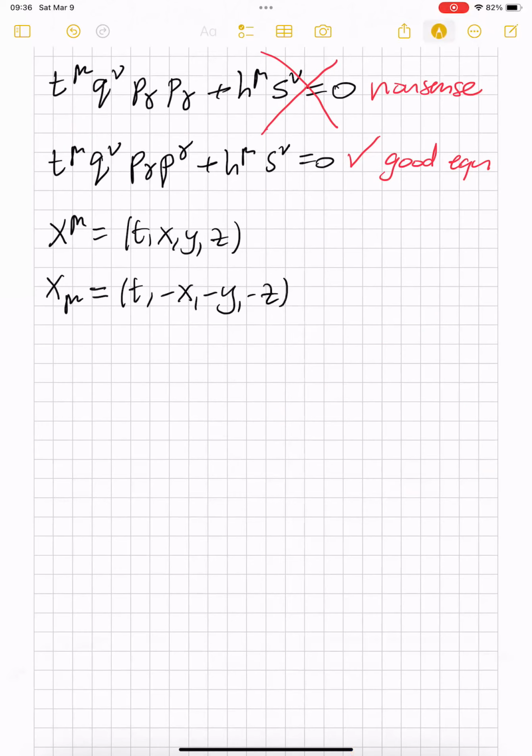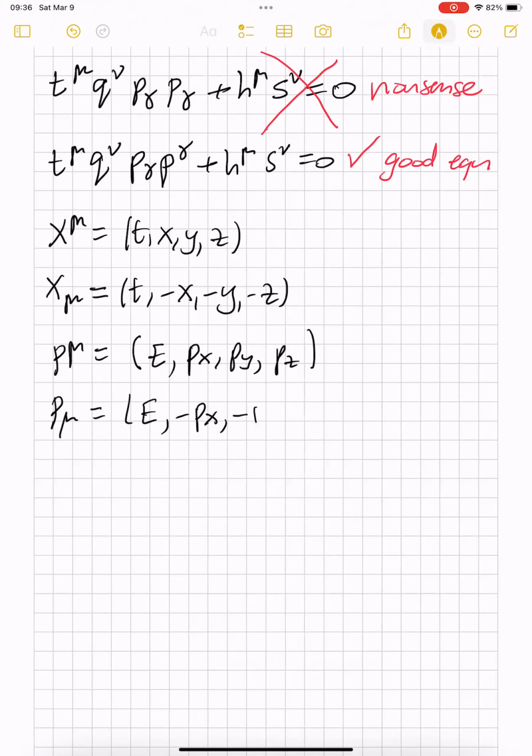Let's also introduce the energy momentum 4-vector. So it'll be E, the X component of momentum, the Y component of momentum, the Z component of momentum, and the covariant energy momentum vector would be E, minus Px, minus Py and minus Pz.